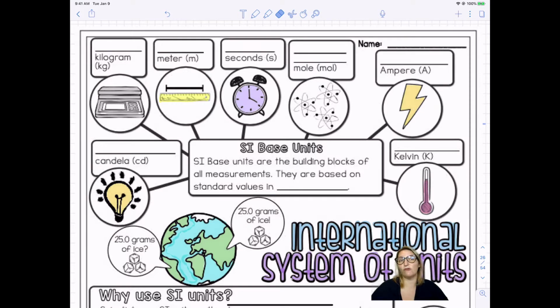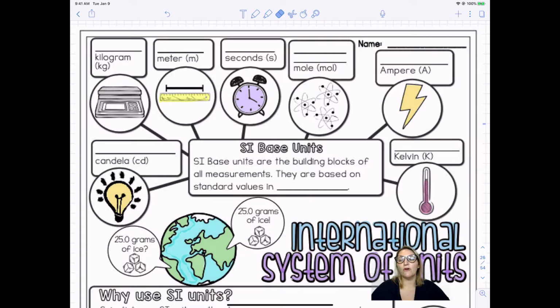And the metric system is great, but in science, we have sort of an expanded view of measurement. It's something that's called the international system, and most of them are the metric units that you're used to.